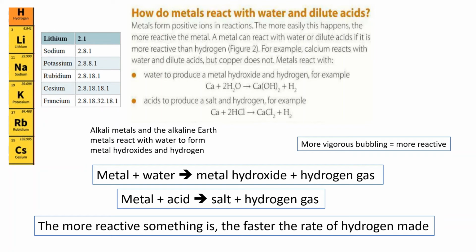For example, let's say you have two chemical reactions. In one, the temperature change is between 10 and 20. In another, it is between 10 and 30, but they took the same amount of time. So in this case, the one from 10 to 30 is more reactive.